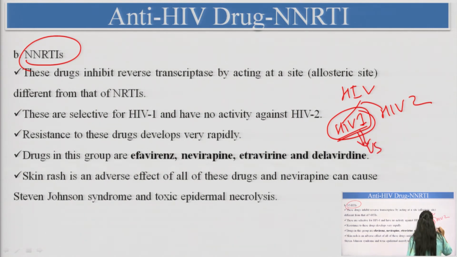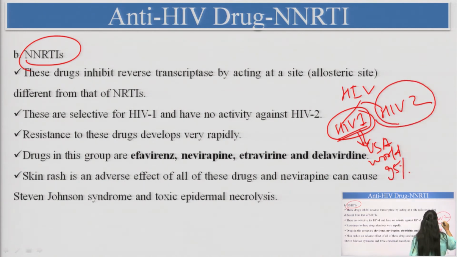If we see the USA or worldwide, 95% of cases are with HIV-1. HIV-2 is in some of the southern Asia region and Africa. There are some areas where we have also seen HIV-2.